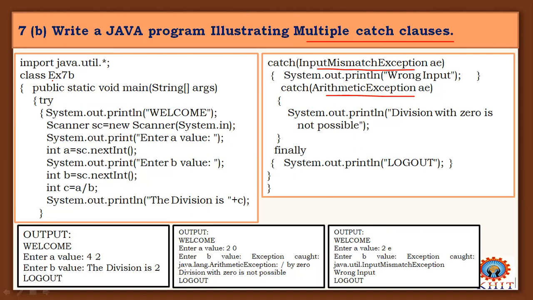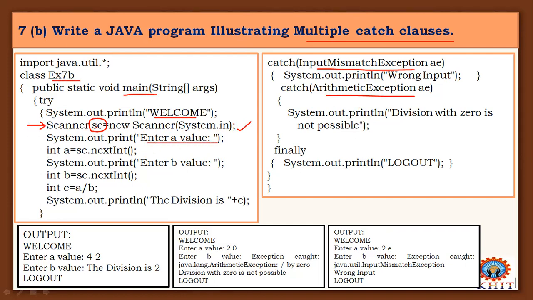So coming to this exercise 7b, inside this main method, in the try block, a welcome statement and scanner object declaration. So Scanner s equal to new Scanner(System.in). We know this statement. And an enter a value statement.